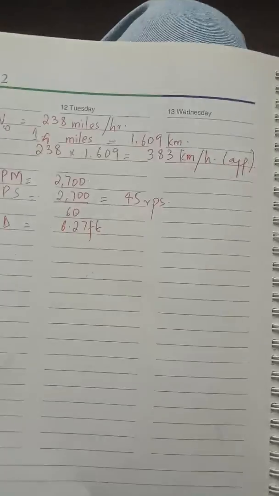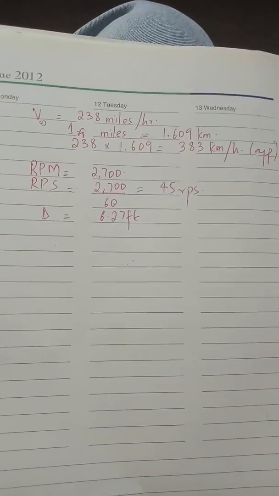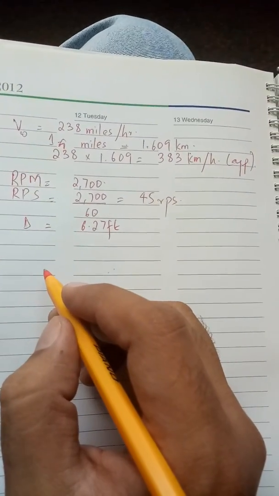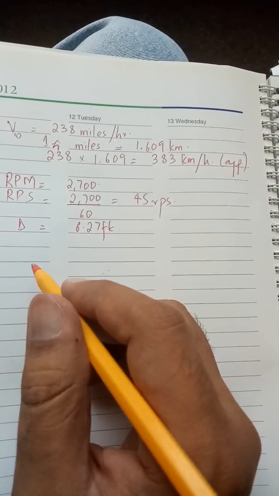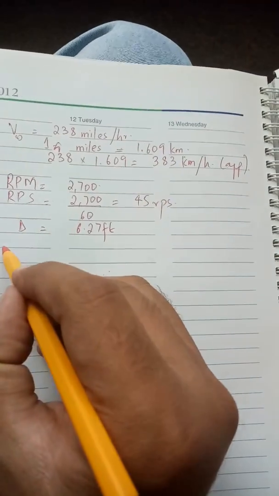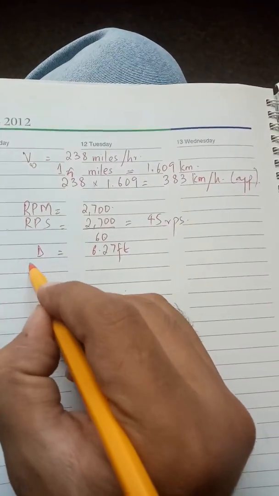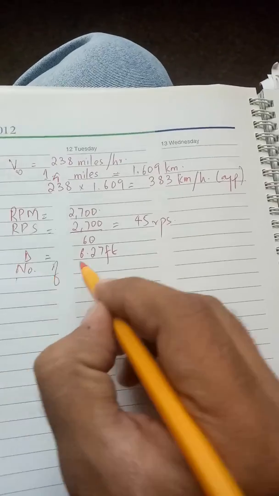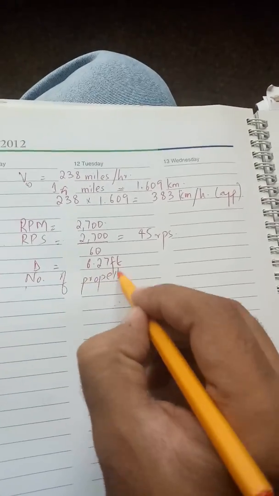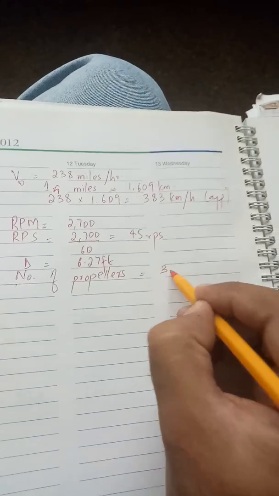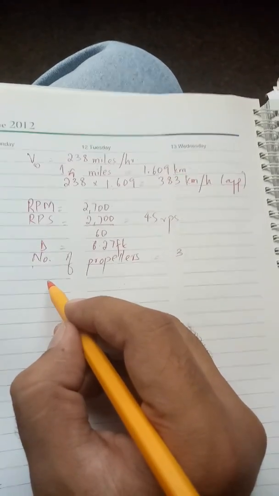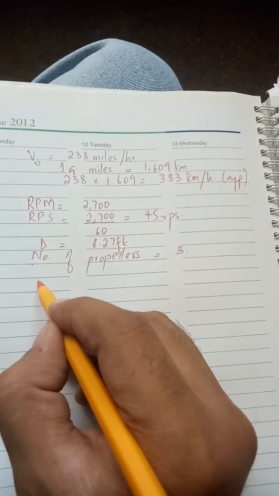Okay, this is how you're going to explain it. Let me have this. And 6.27 feet. And now putting the values, we have number of propellers are 3, and now we're going to calculate for 3 propellers.